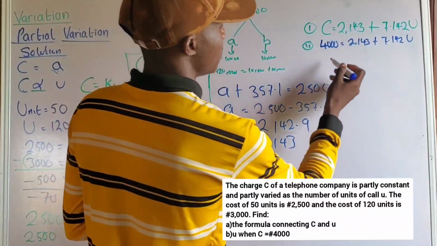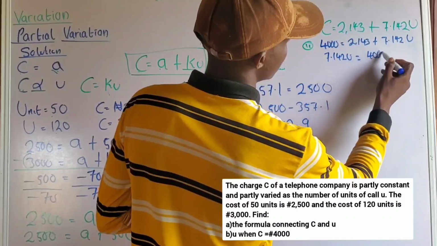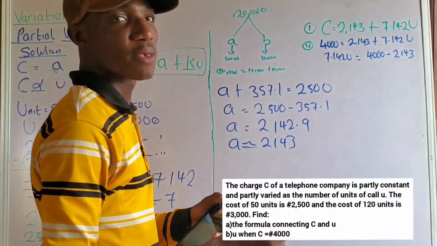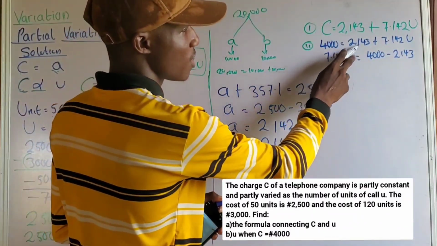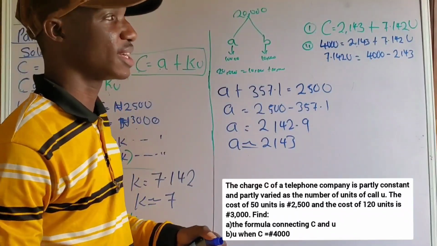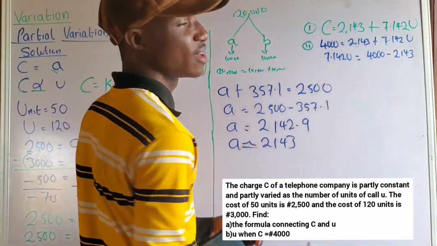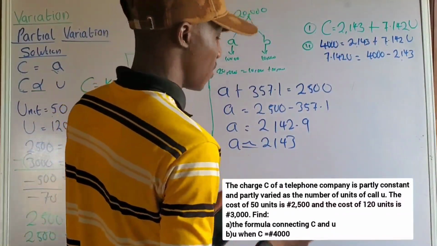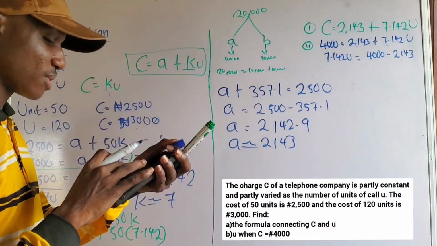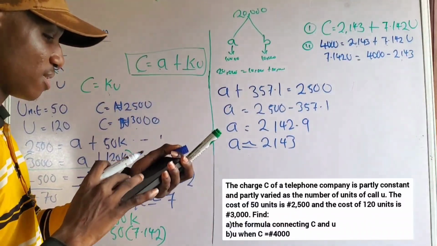Now I'm going to have 7.142U equals 4,000 minus 2,143, right? Yes, because if you take this 2,143 to the other side of the equation, it changes to negative. By transposition, I just take this here and put this here. Now 4,000 minus 2,143 is 1,857.